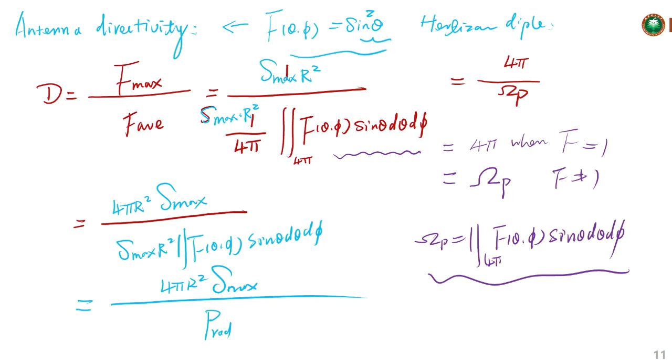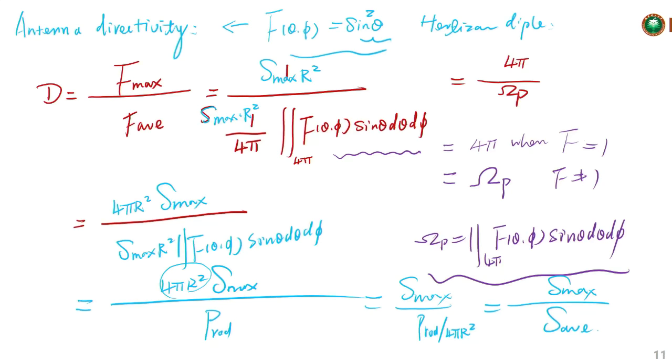So now let's do it further. The maximum power density divided by this one, and also if we put this side to be S max divided by P rad divided by 4 pi R squared, that means the maximum power density divided by the average power density.